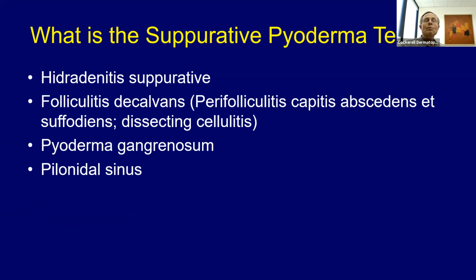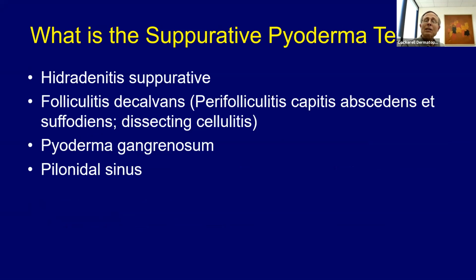So these are the other sort of classic tetrad of the diseases that give you this same pattern. Hidradenitis suppurativa, shouldn't be an E, should be an A at the end. Folliculitis decalvans, which includes all of that dissecting cellulitis category. Pyoderma gangrenosum sort of falls into this spectrum also.